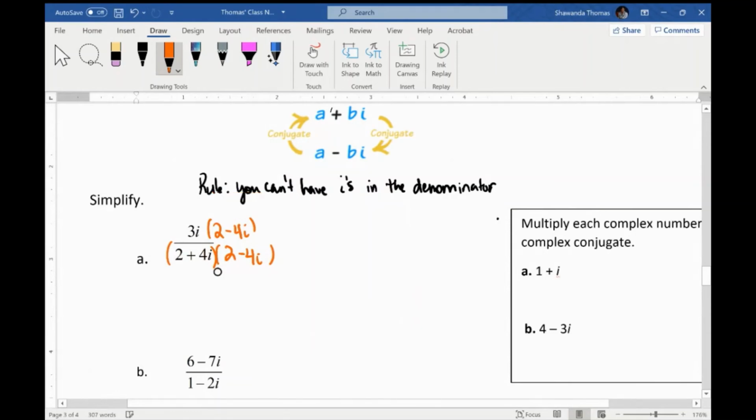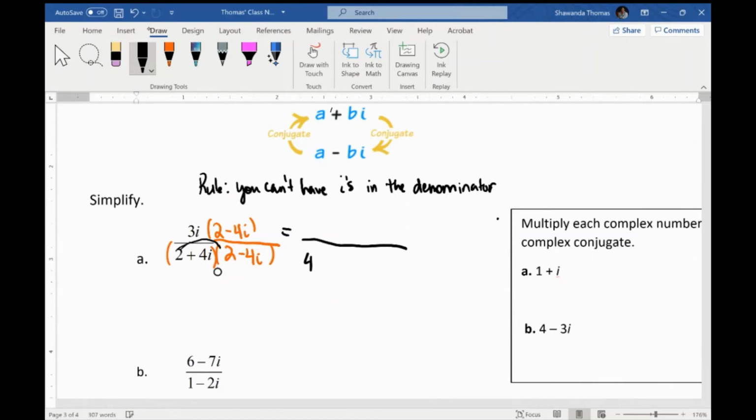Let's focus on the denominator first, since that's what we're trying to work out. We're trying to get that i out of the denominator. So let's multiply 2 times 2, which is 4. 2 times negative 4i is negative 8i. 4i times 2 is 8i.